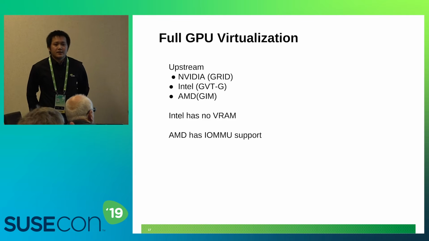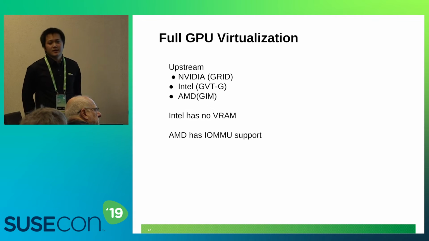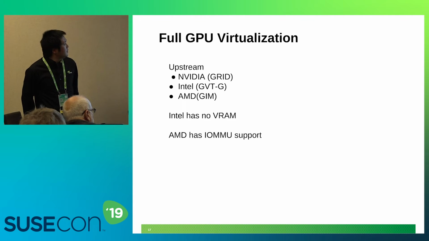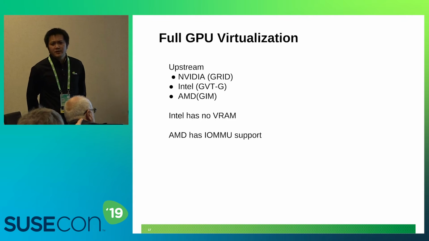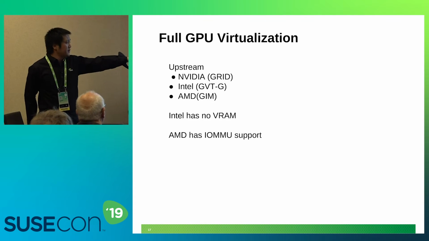Question? AMD has IOMMU support, it says there. But I was under the impression that the IOMMU is something built on the motherboard, meaning on the system, not so much on the graphics card. IOMMU, you mean? Yes.